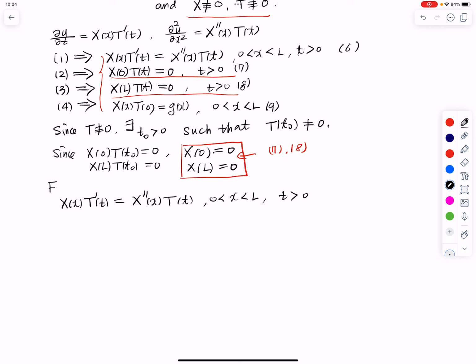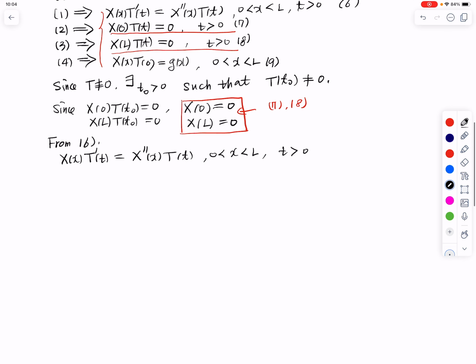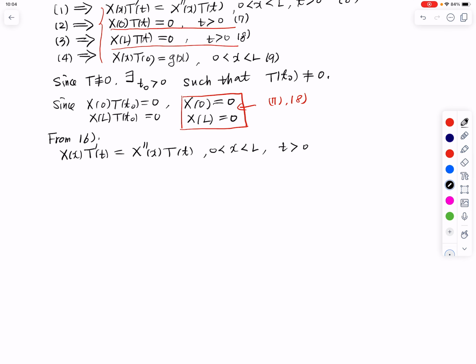From equation 6, so we have this one, right? So now, what kind of function u(x,t) satisfies this equation? Okay, this is what I want.